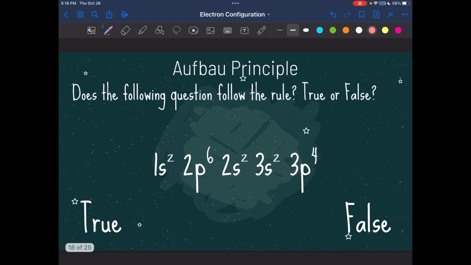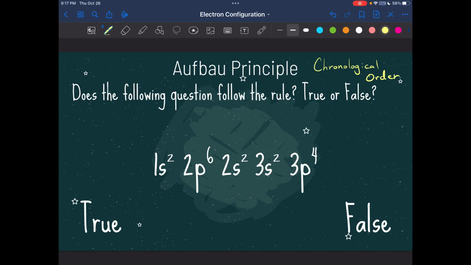So, we talked about the Pauli exclusion principle and Hund's rule, but we haven't actually talked about the Aufbau principle. So according to this question, does the following follow the rule? Is this in chronological order?